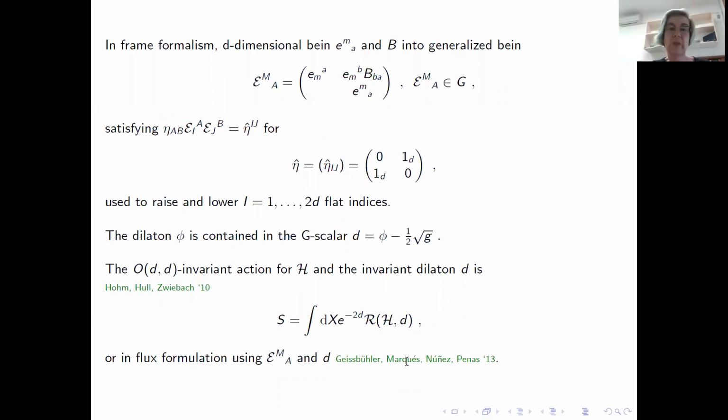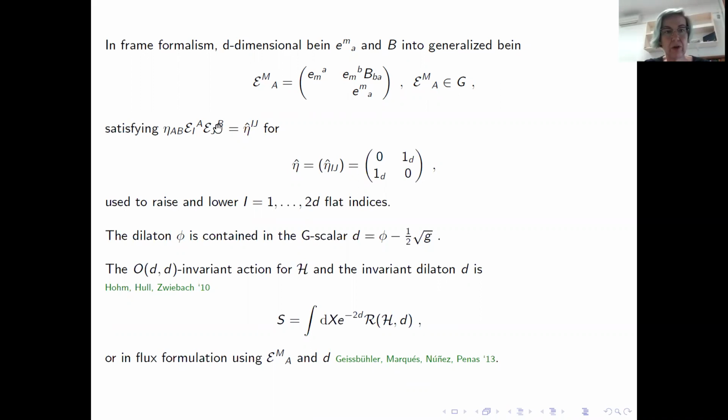Like in the standard case, you don't have to use the metric. You can use tetrads or vielbeins. So we have a d-dimensional vielbein and a B field, and you can package them nicely also in a generalized vielbein, which is an element of this group G. This vielbein satisfies this relation.